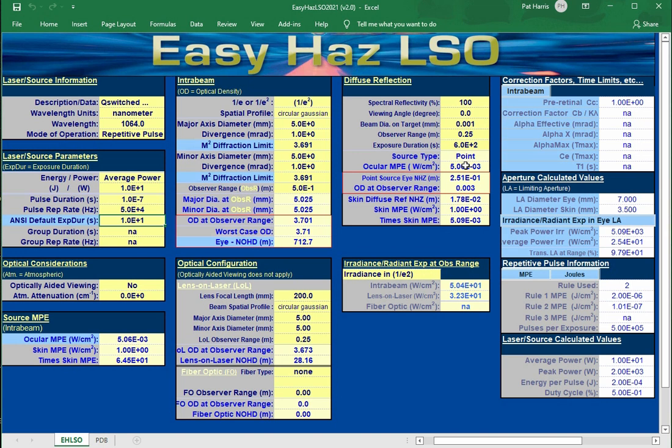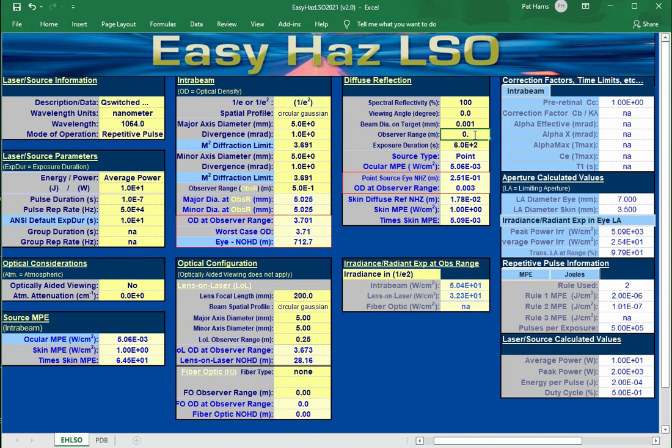The ocular MPE is the same as for the intrabeam, and that's because it's the same MPE for 10 seconds and 600 seconds. We have an OD at observer range of realistically 0, but this little bit of OD comes from the fact that our NHC is 2.51 times 10 to the minus 1 meters, which is just over 1/4 meter, and you can see we have our observer set at 1/4 meter.